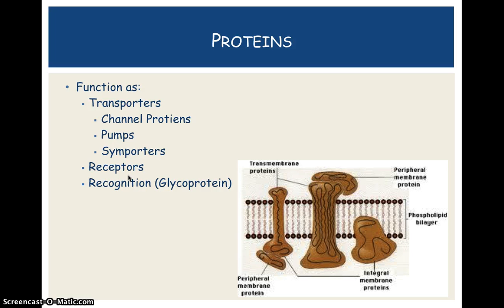Receptors need a hormone which is released by the pituitary gland. Well, we don't need to go into that, but they are binding sites for the protein that allow the gradient channel to open and allow molecules to pass through. And as I said before, the glycoprotein, which is used for cell recognition, is an intermembrane protein with a carbohydrate attached to it.